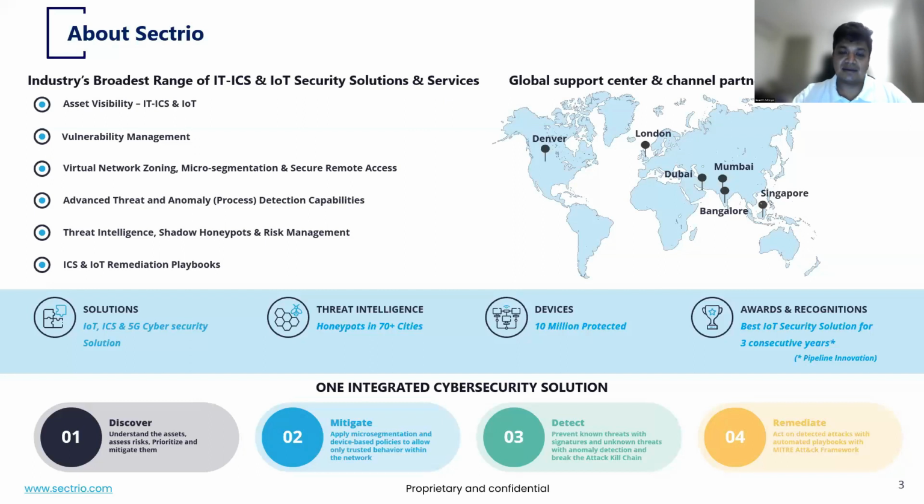We gather this threat intelligence from honeypots deployed in 70 plus cities around the world. Today, as we speak, we monitor more than 10 million devices and protect them from cyber attacks. We are one integrated solution provider, with services and products to help with discovery of assets, mitigation of risks associated with the assets, detection of threats on the network, and also playbooks to help remediate those threats. So this is a quick introduction about Sectrio.